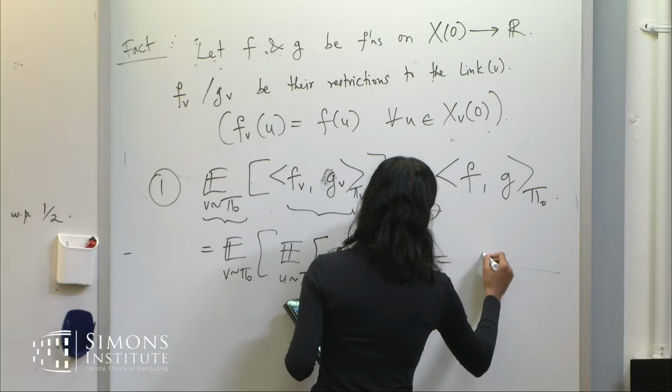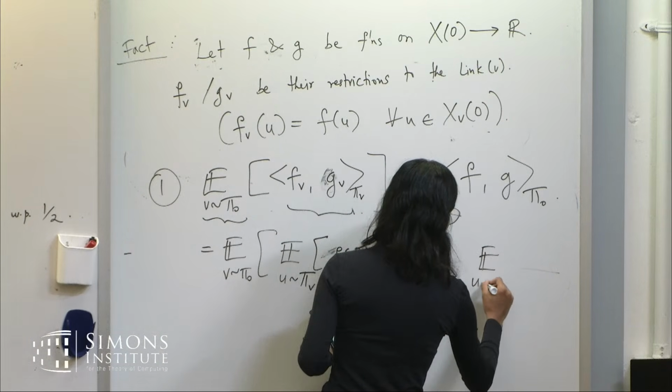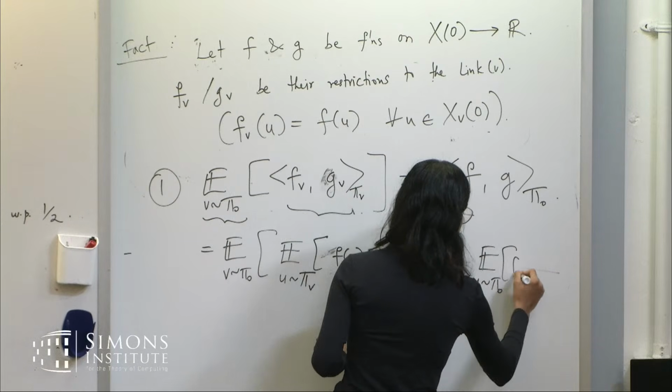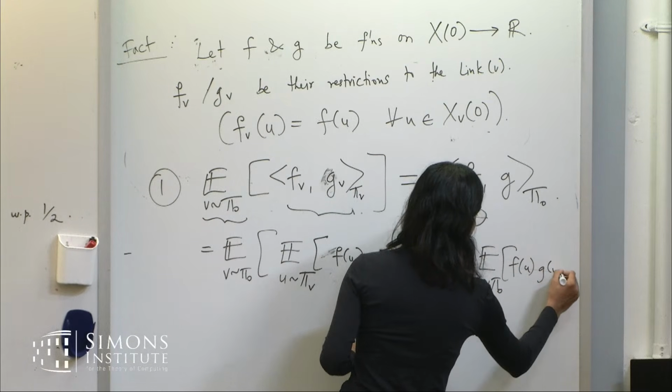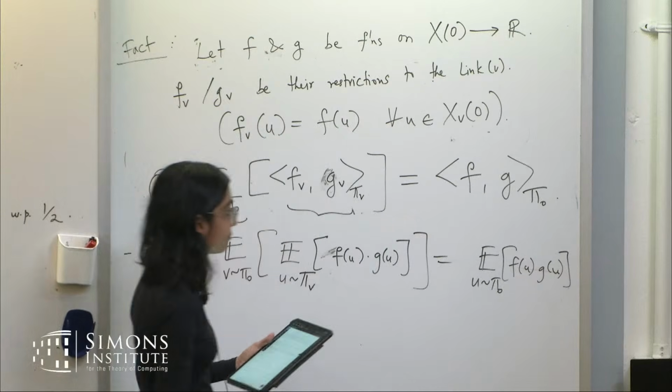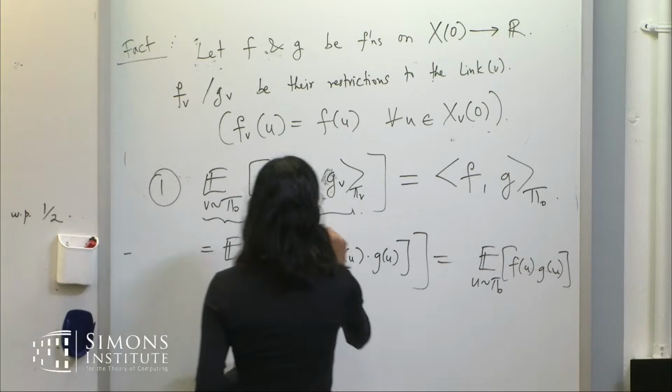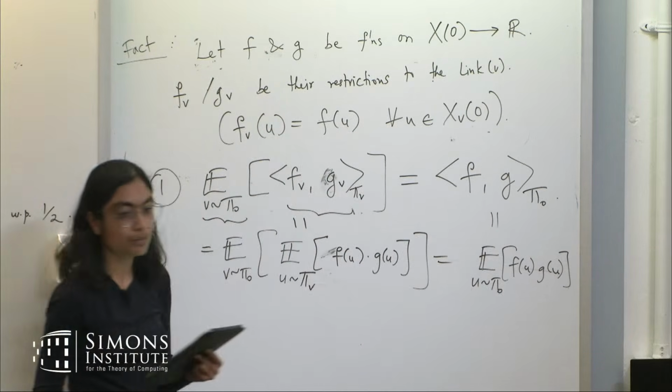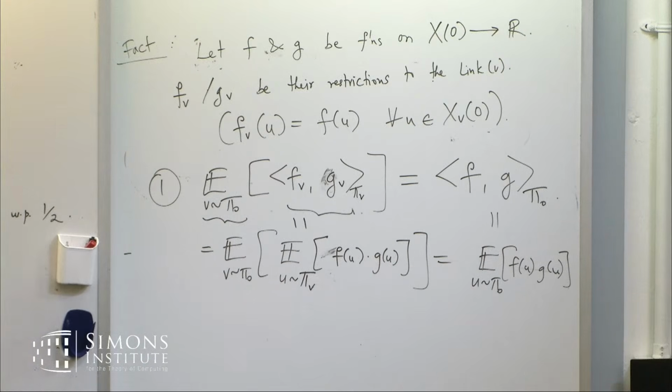So this is just the same as the expectation over U of f of U g of U.